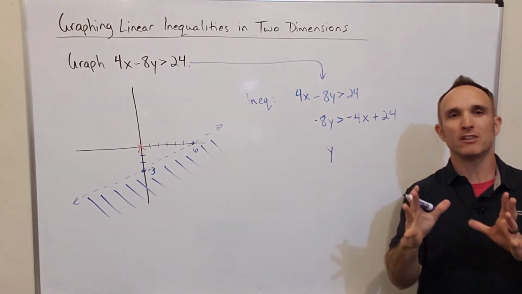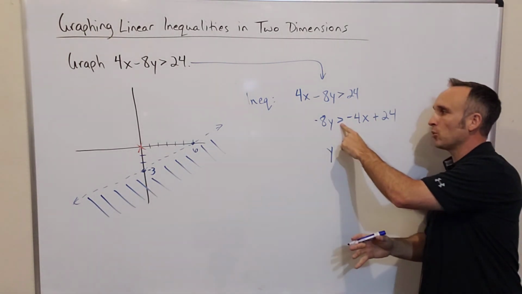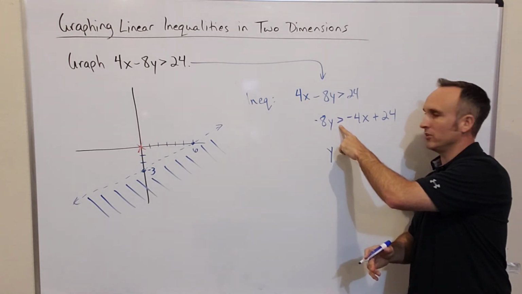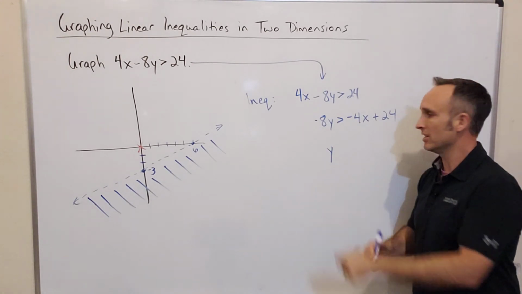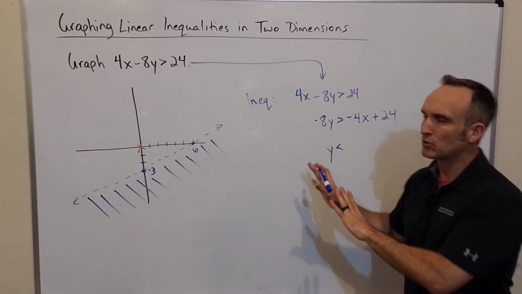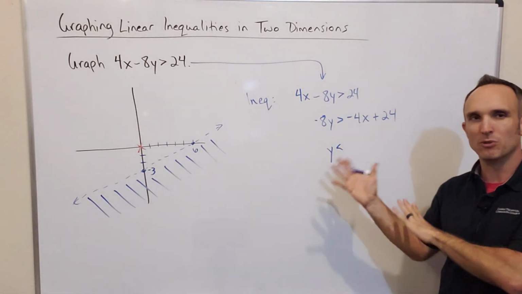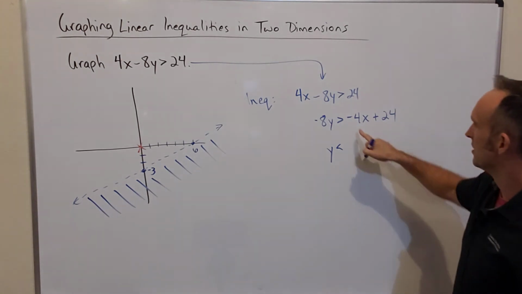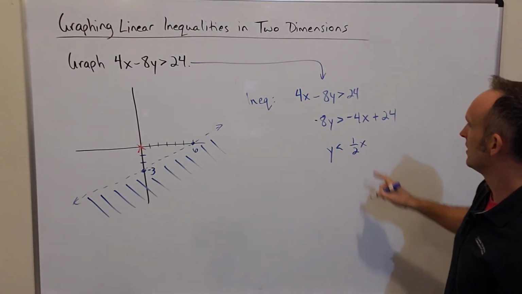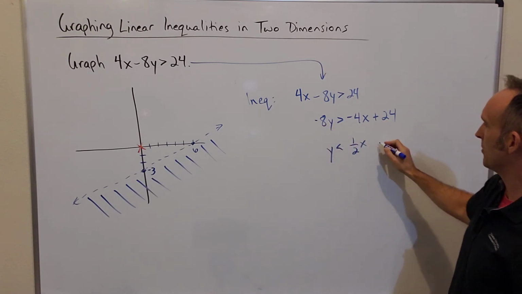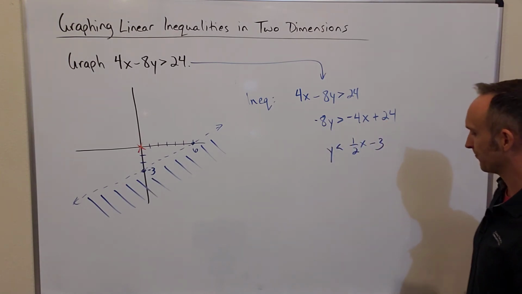When you multiply or divide both sides of an inequality by a negative, that guy points the other direction. And that's why I prefer the test point method, because most students forget about this. So negative 4 divided by negative 8 is positive 1/2. And positive 24 divided by negative 8 is negative 3.